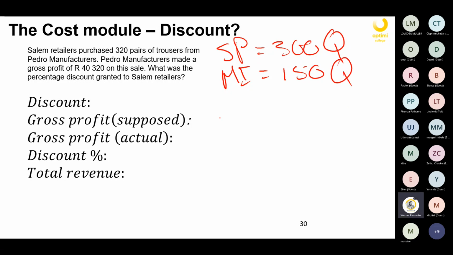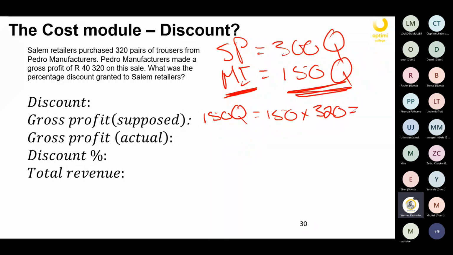So my gross profit is 150Q. The gross profit that I should have got is 150 times 320 equals 48,000.